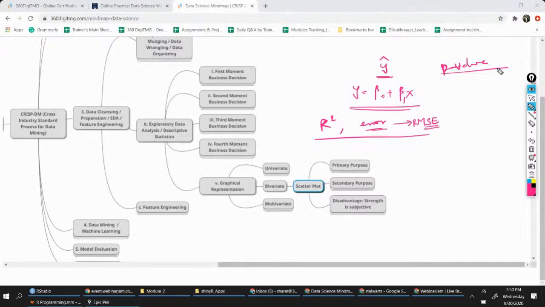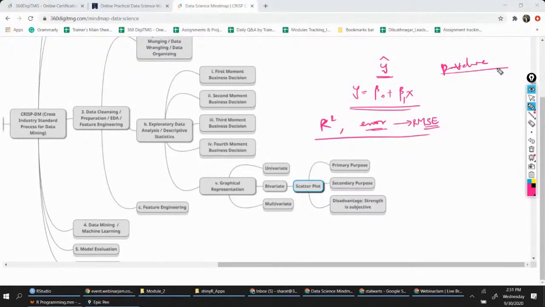We check the p-value, which is basically known as the significance value. Your p-value will be internally calculated because you are estimating some coefficients here. The chance of going wrong when you are trying to calculate these coefficients, beta naught and beta 1, is measured as the p-value. The industry standard for the significance level is 5%, that's 0.05.